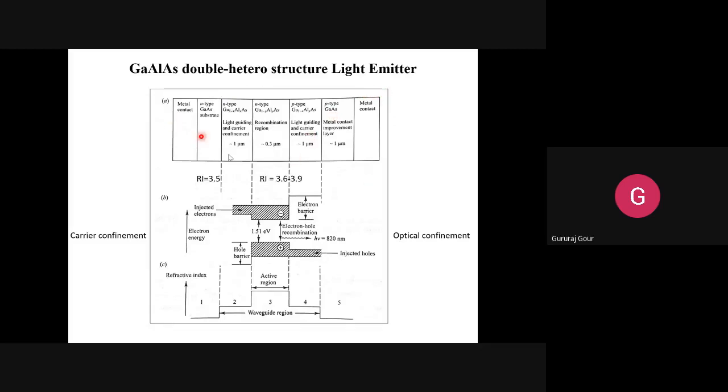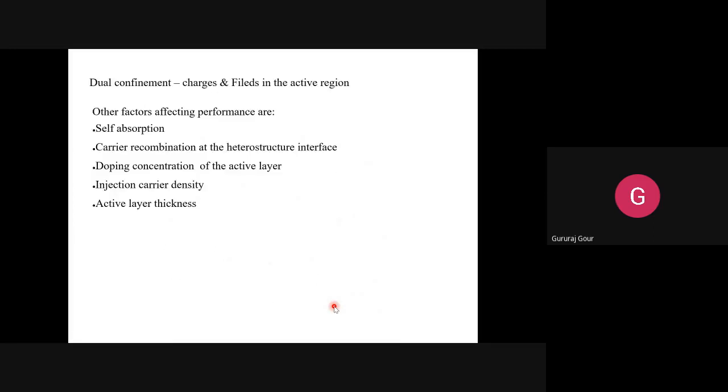It is a layered structure, given in figure A. In figure B, the band gap energy profile, and figure C gives the refractive index profile. In another way of representing this figure, the surface emitter LED's actual structure is like this.